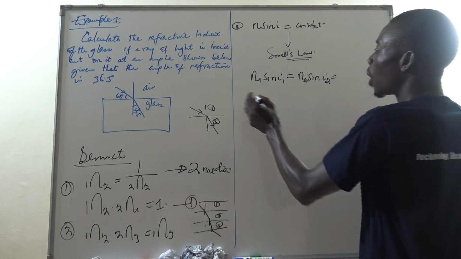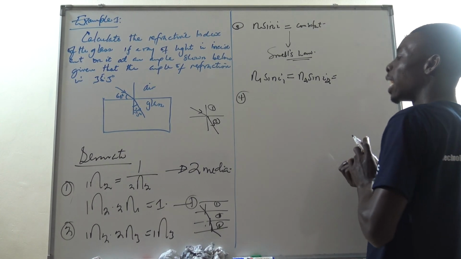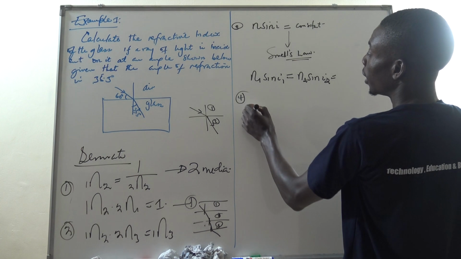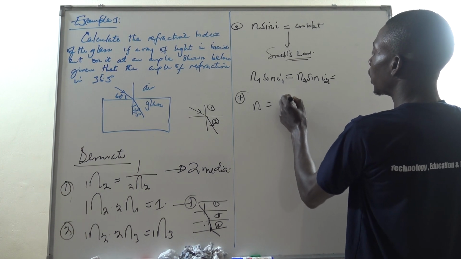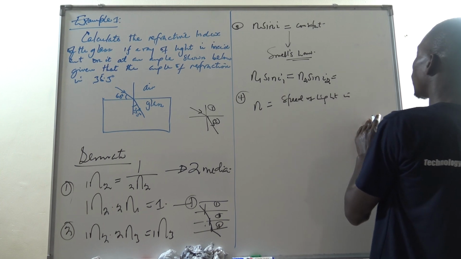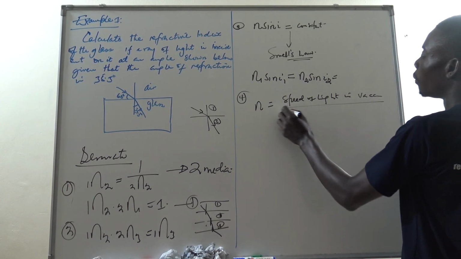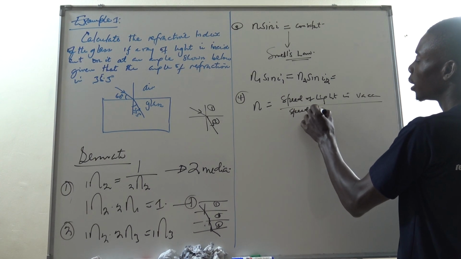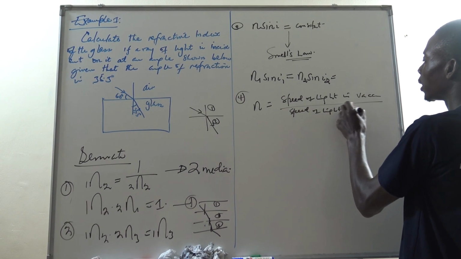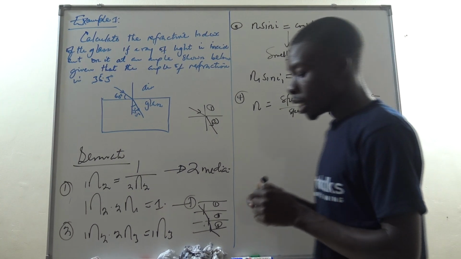So again, what we should also not forget is that we can say n equals the speed of light in vacuum over the speed of light in a medium. So this is also important.